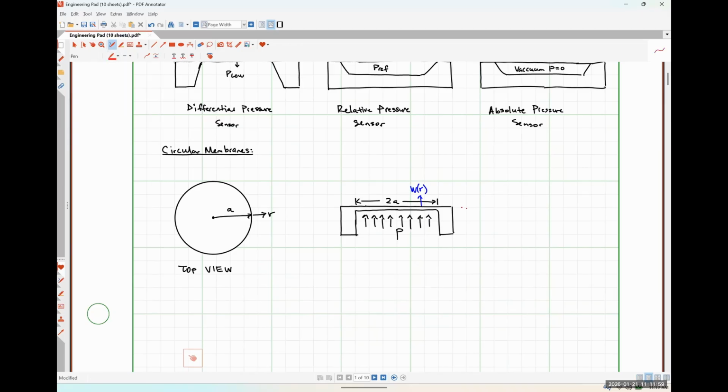And for what it's worth, this distance right here is going to be the height or the thickness of the membrane.